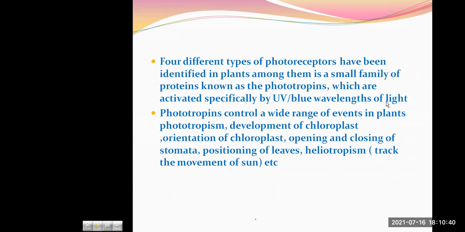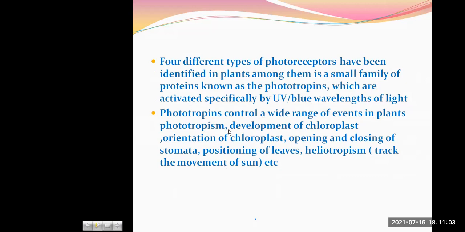That is, phototropins for their activation require ultraviolet light or blue light. And phototropins not only control the growth of plants, not only control the direction of growth, but they control a wide range of events in plants.